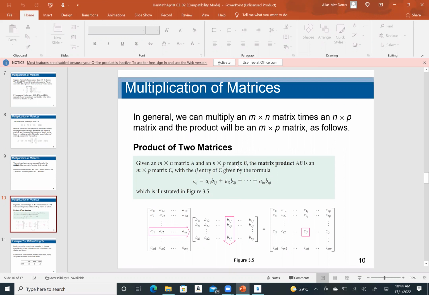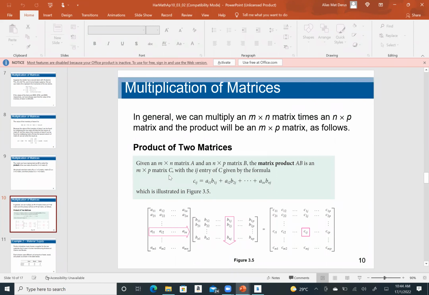You want to multiply AB. The first thing that you check is that the columns of A must equal the rows of B. Here I have n, the same, so therefore we can multiply.